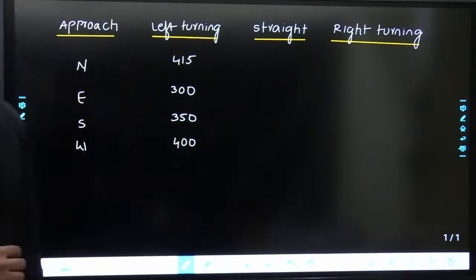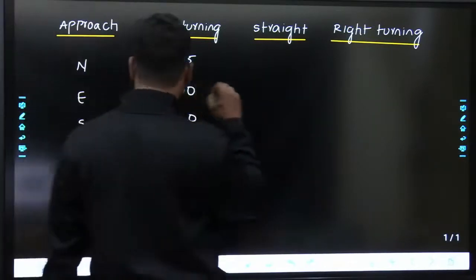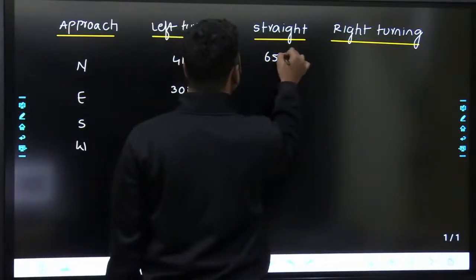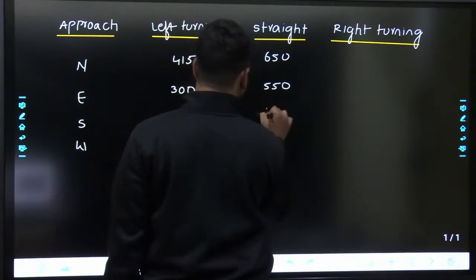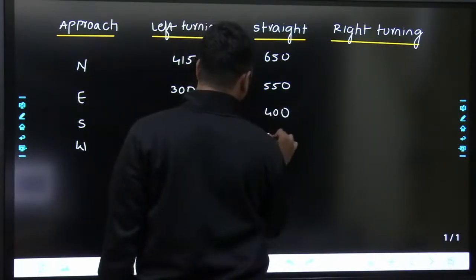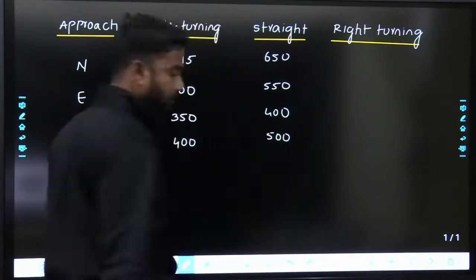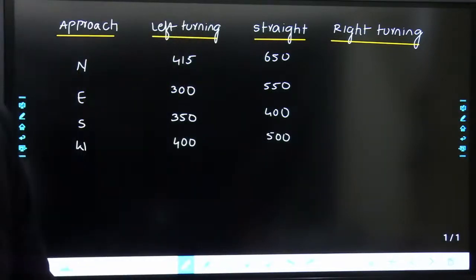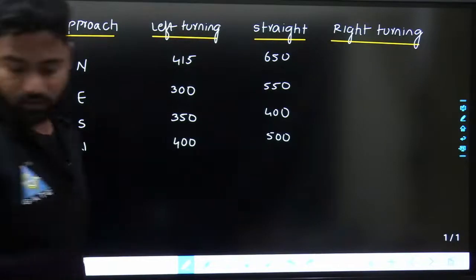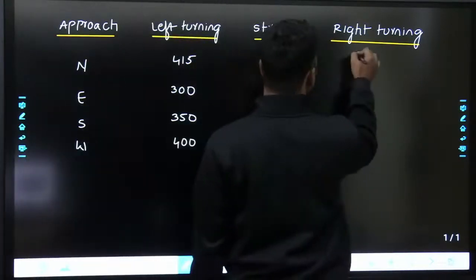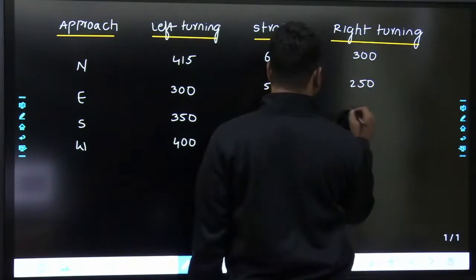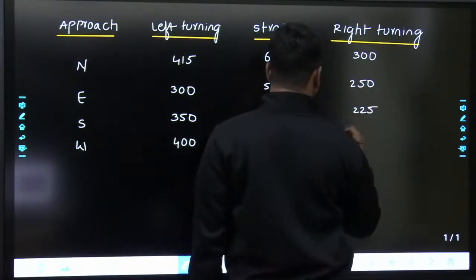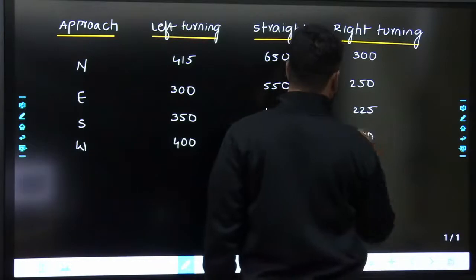415, 300, 350, 400, 650, 550, 400, 500, 300, 250, 225, 300.